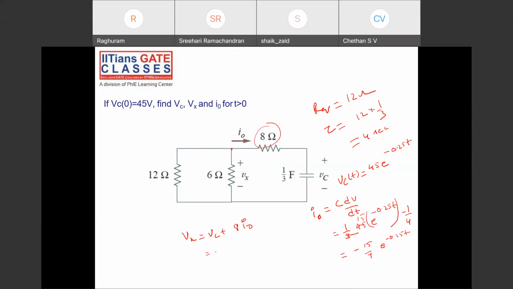Vc is already 45 e power minus 0.25t, plus 8 into minus 15 by 4, which is minus 30 e power minus 0.25t. 45 minus 30 is 15 e power minus 0.25t. So Vx is 15 e raised to minus 0.25t. Clear?